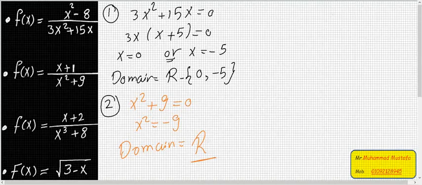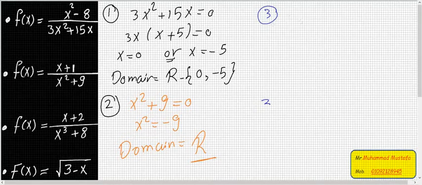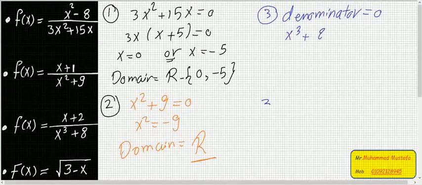Number 3. We put the denominator equal to 0: x³ + 8 = 0.